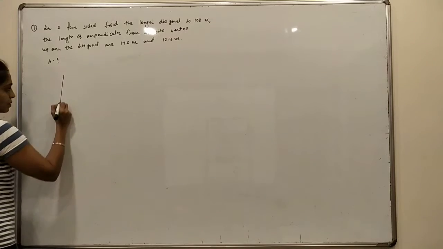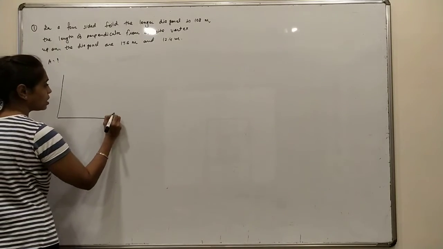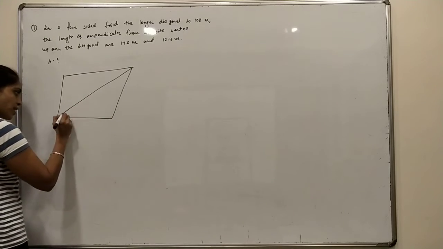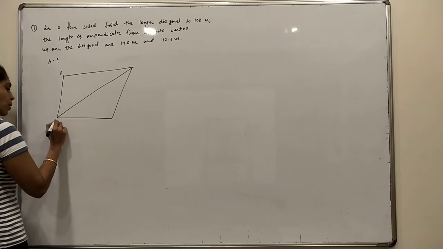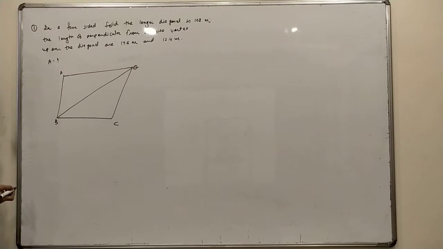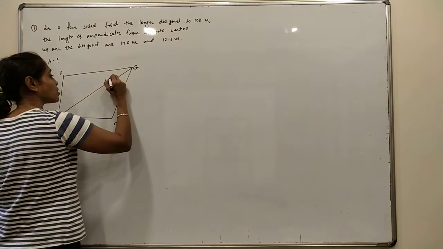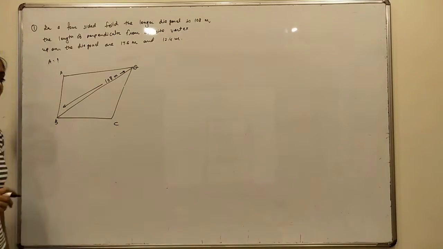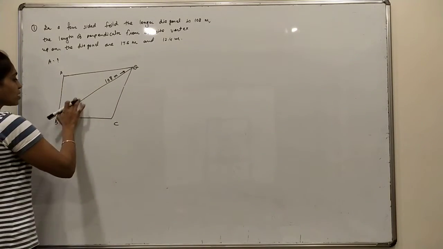Let it be ABCD, and you can see that BD is the longest diagonal. In a four-sided field, the longer diagonal is 108 meter.